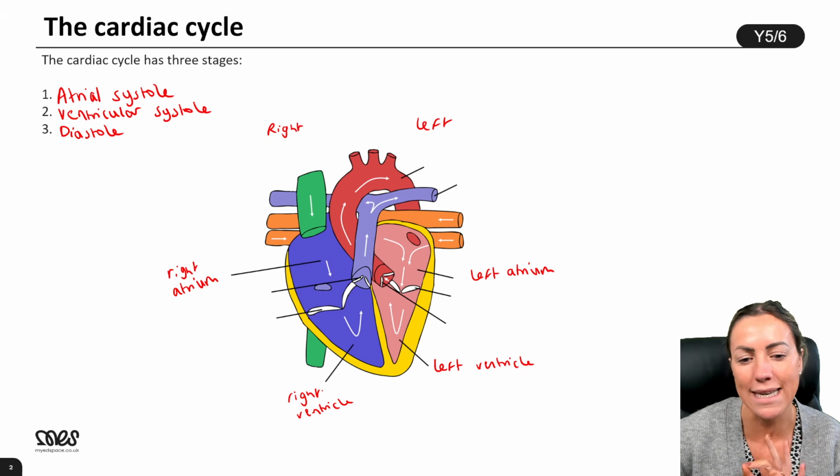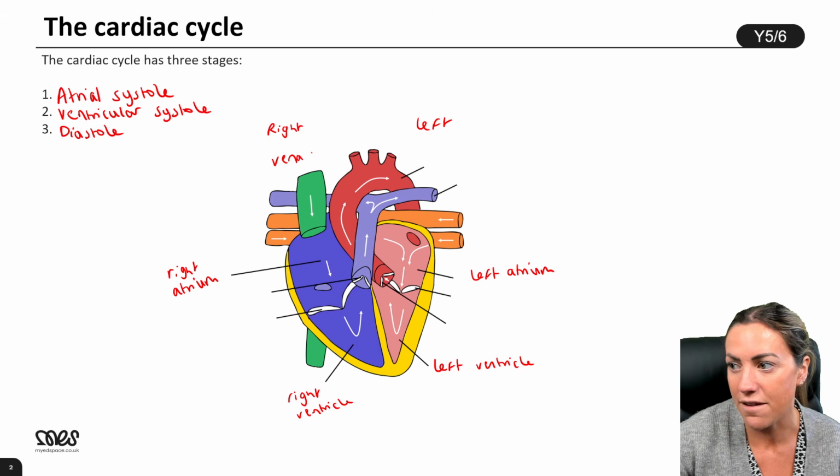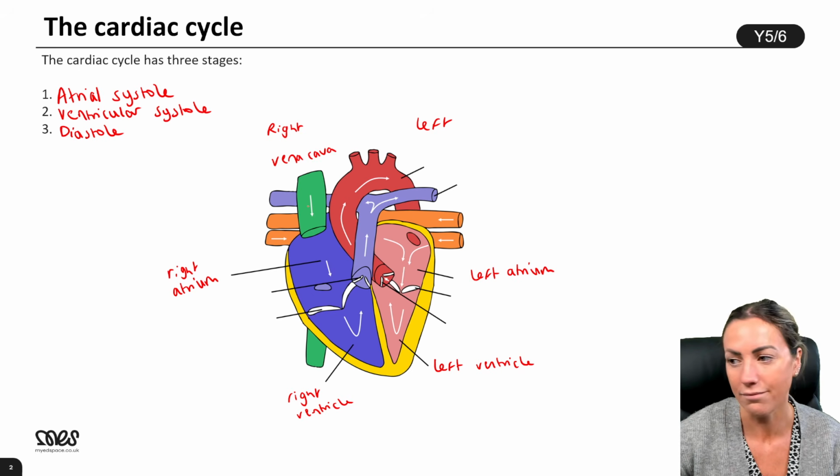Now, there are 4 key blood vessels carrying blood into and out of the heart's chambers. So the green one, of which there are 2 branches, you can see one at the top going into the right atrium and one at the bottom also going into the right atrium. This is the vena cava. The one at the top is called the superior vena cava. The one at the bottom is called the inferior vena cava.